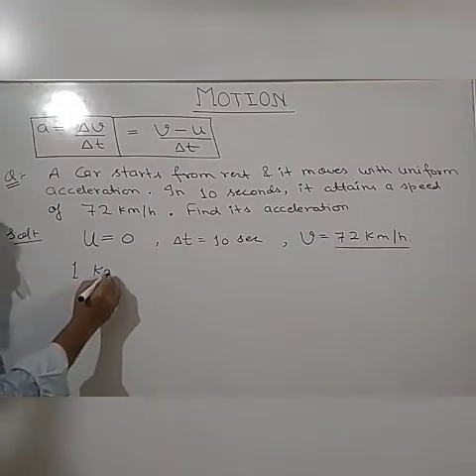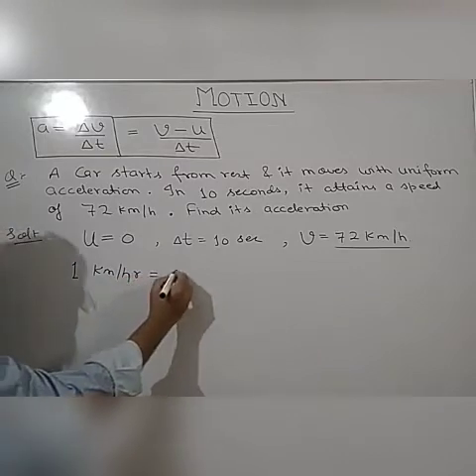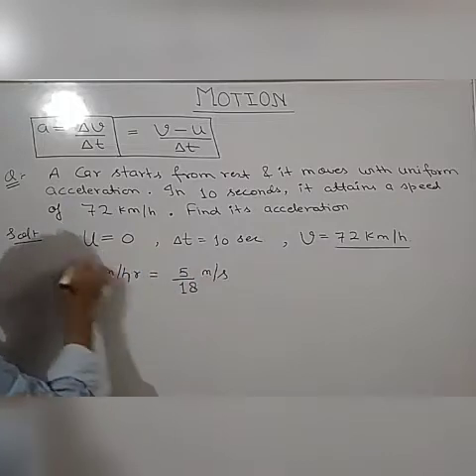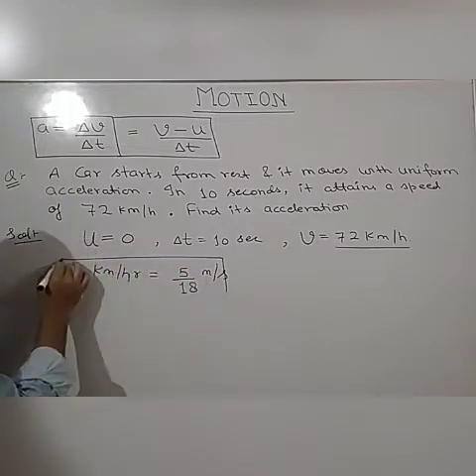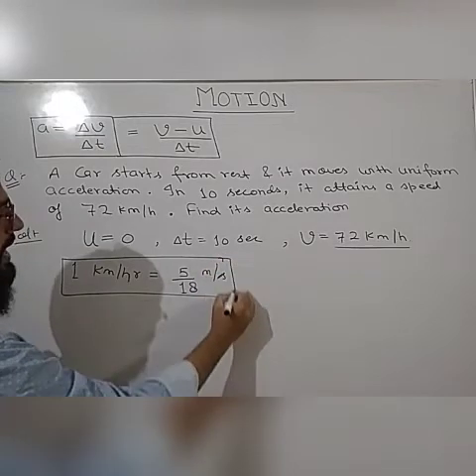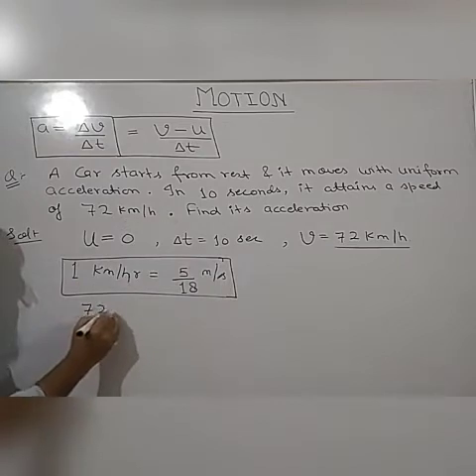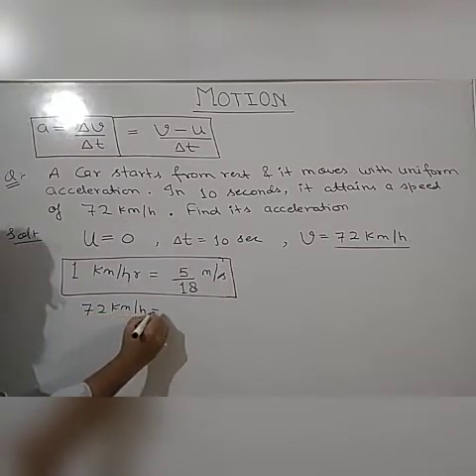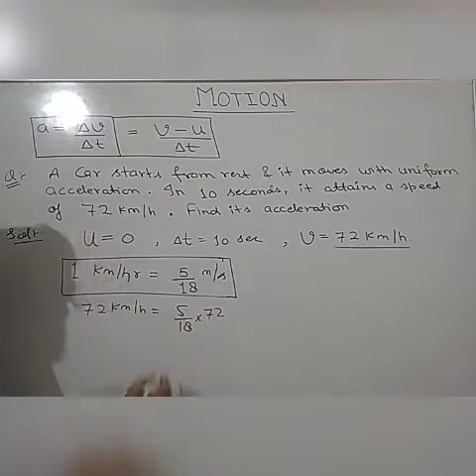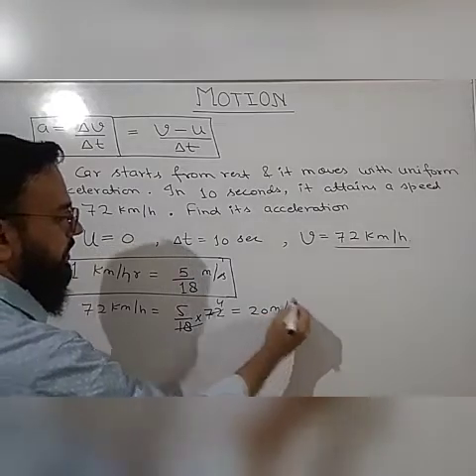1 kilometer per hour is equal to 5 upon 18 meter per second. You have to remember this. So 72 kilometer per hour will be equal to 5 upon 18 into 72, and that will be 20 meter per second.